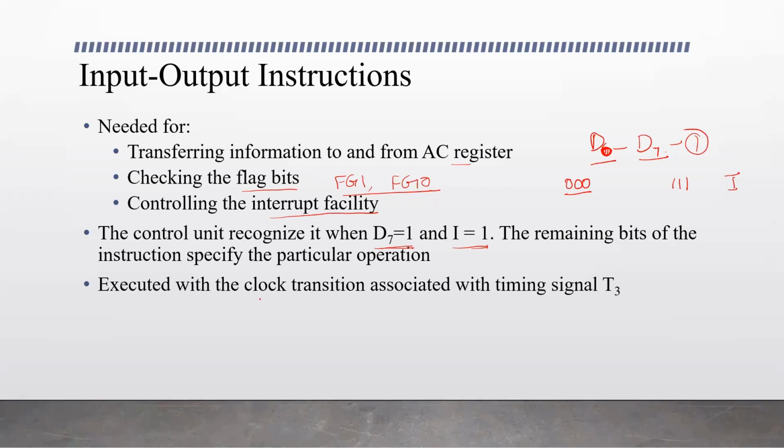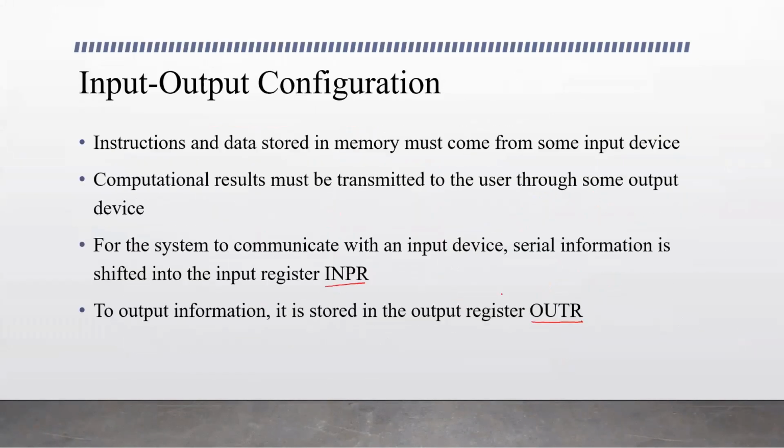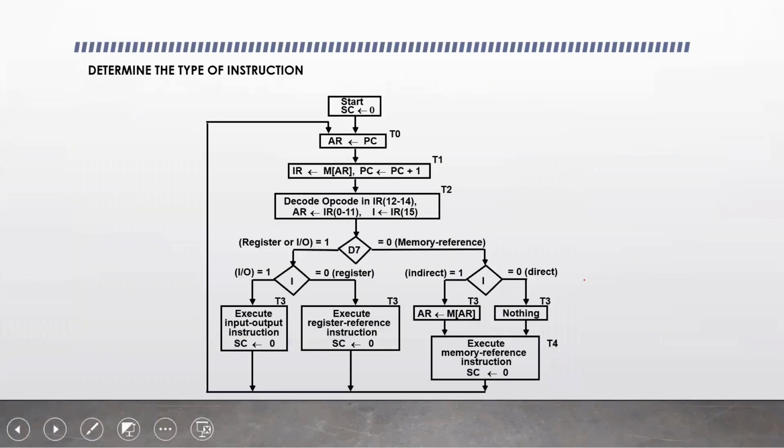These IO instructions are executed with a clock transition associated with time T3. We have learned earlier that at times T0 and T1, the fetch phase of the instruction cycle is done, and the decode phase is done at time T2.